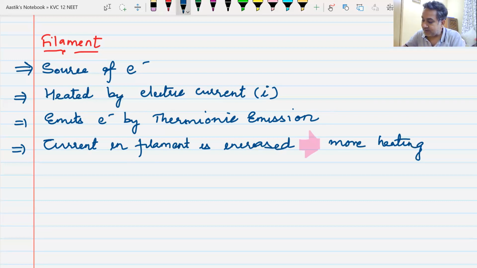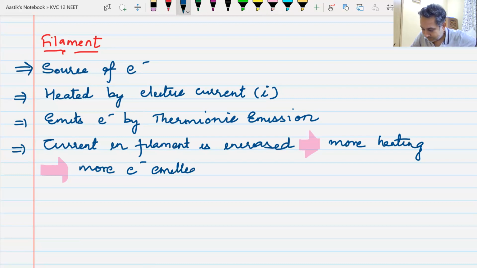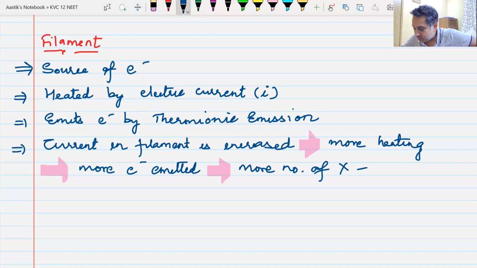Because of more heating, what will happen? More electrons will be emitted. Because more electrons are emitted, more electrons will strike the target metal. Therefore, we will have more X-rays, a greater number of X-rays.